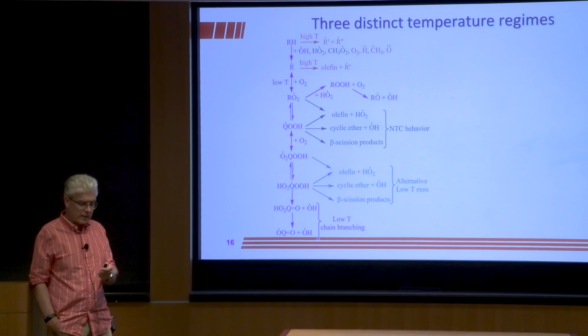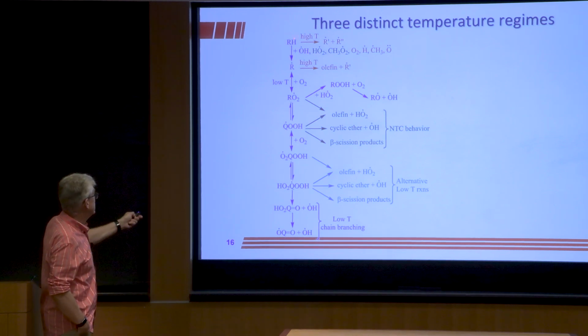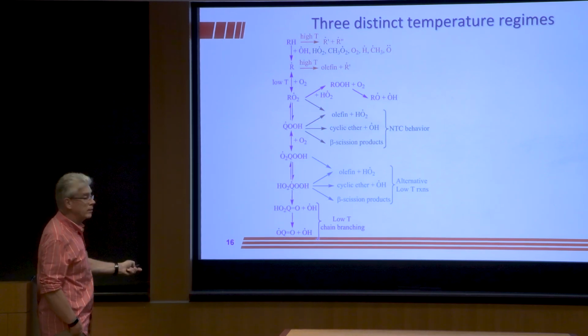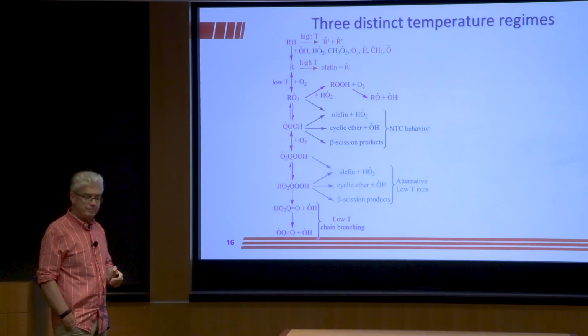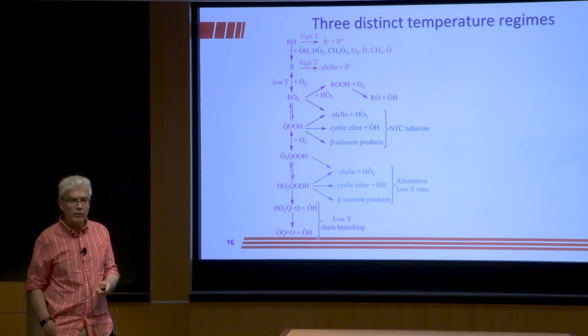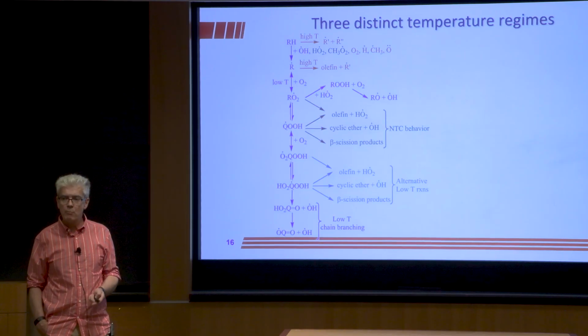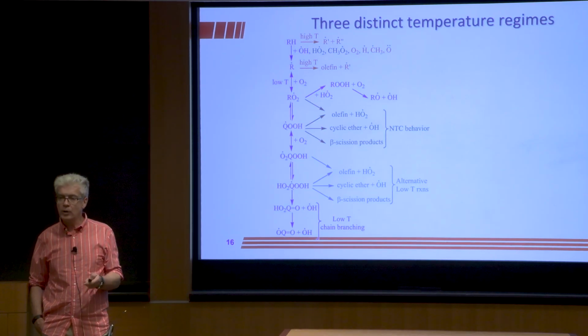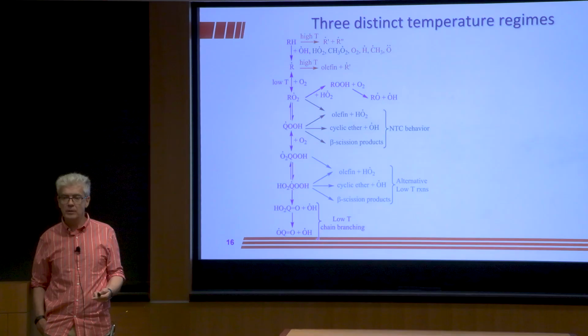So at low temperature, the chemistry proceeds through this channel here. If we are fuel rich, will we have more or fewer alkyl radicals coming from the fuel?